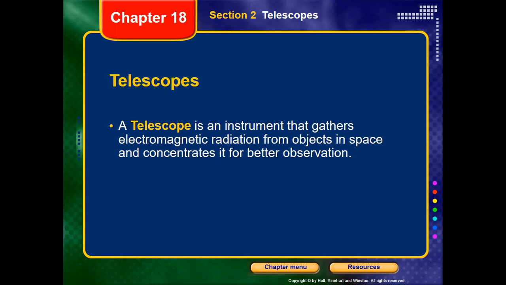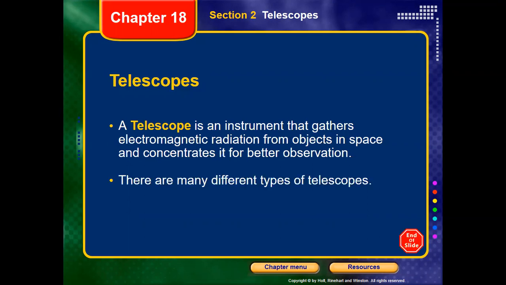It's an instrument that gathers electromagnetic radiation, mainly light, so we can observe what happens in space. A telescope collects the light that is emitted or reflected from different celestial bodies like stars, planets, or moons. Once we see the image, we can observe how they look, and so on.